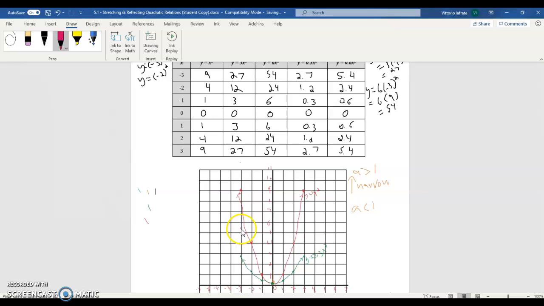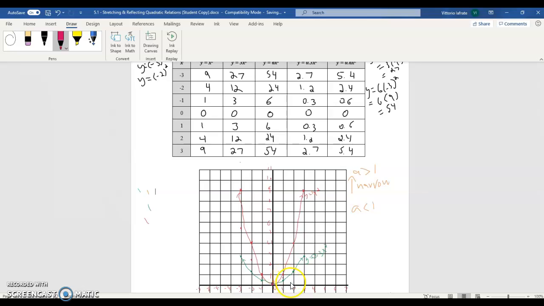When we have -2, we have 2.4. So just below the 2.5 mark over here. When we have -1, we have 0.6. So just above here. We have 0, 0 over here. Then 0.6 over here.